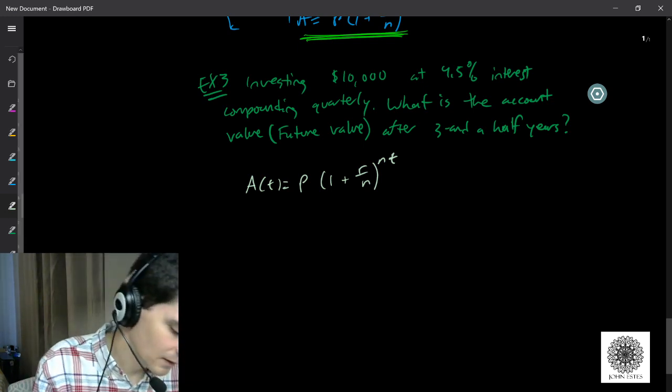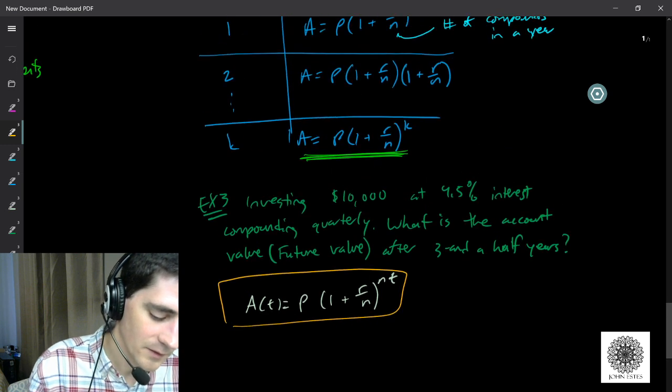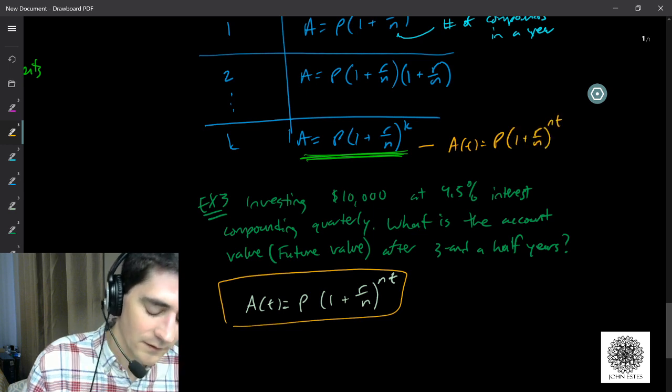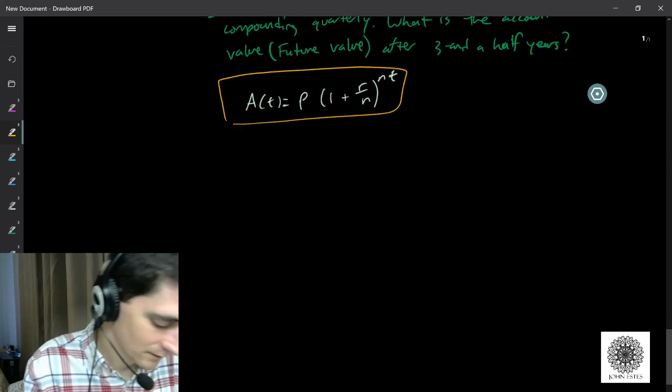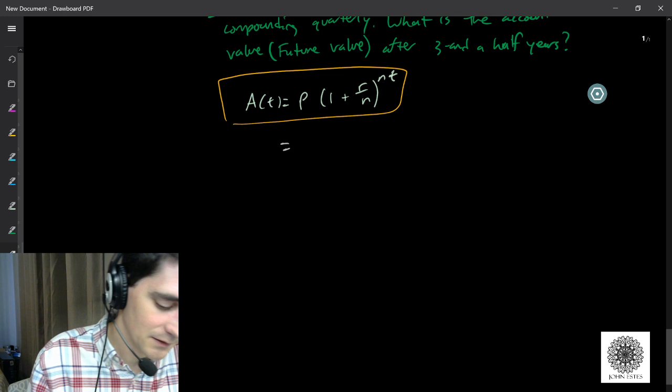Okay, so this is the model that we actually use. Okay, and maybe I should write this out here. We're going to use a sub t is your principal times 1 plus r over n to the nt power. All right, so now watch how this works. If you've never seen this before, this is something you definitely need to look into.